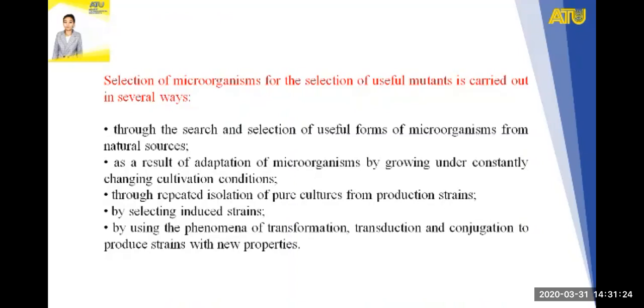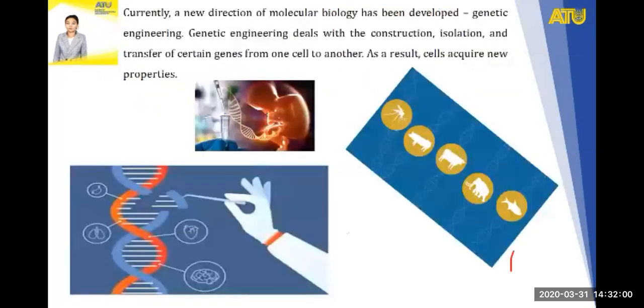They are the search and selection of useful forms of microorganisms from natural sources, adaptation of microorganisms by growing under constantly changing cultivation conditions, repeated isolation of pure cultures from production strains by selection, induced strains, and using the phenomena of transformation, transduction, and conjugation to obtain better strains with new properties.